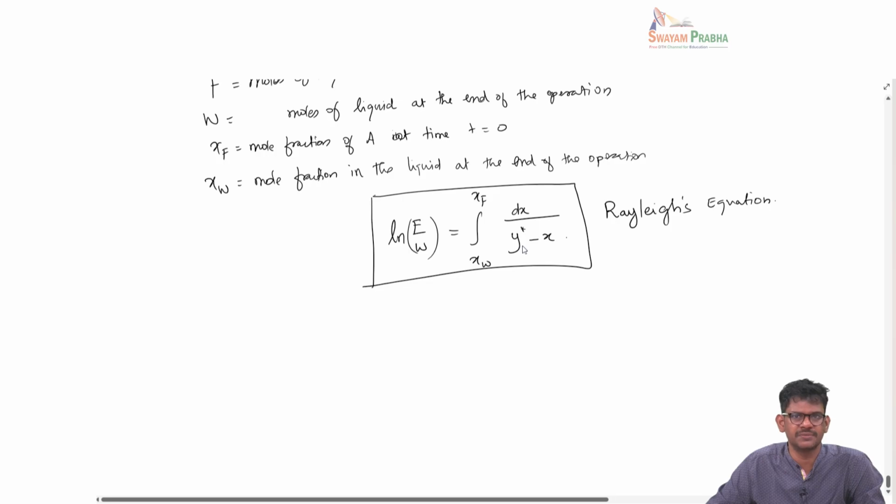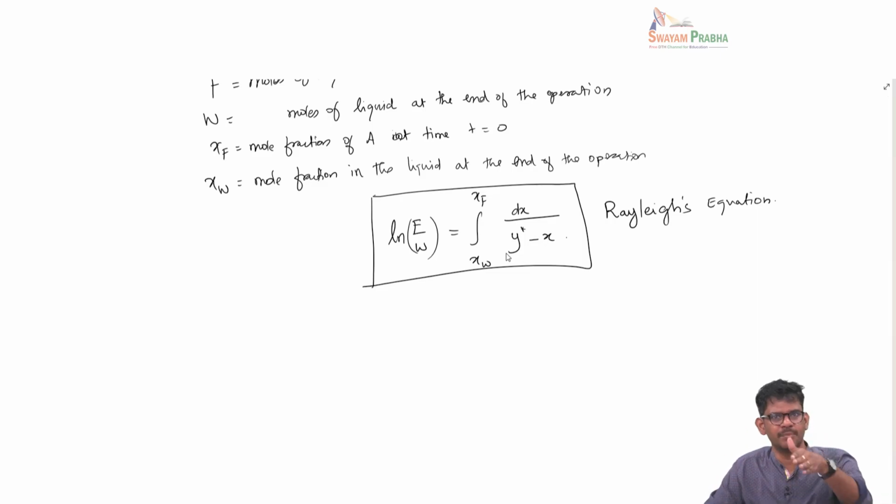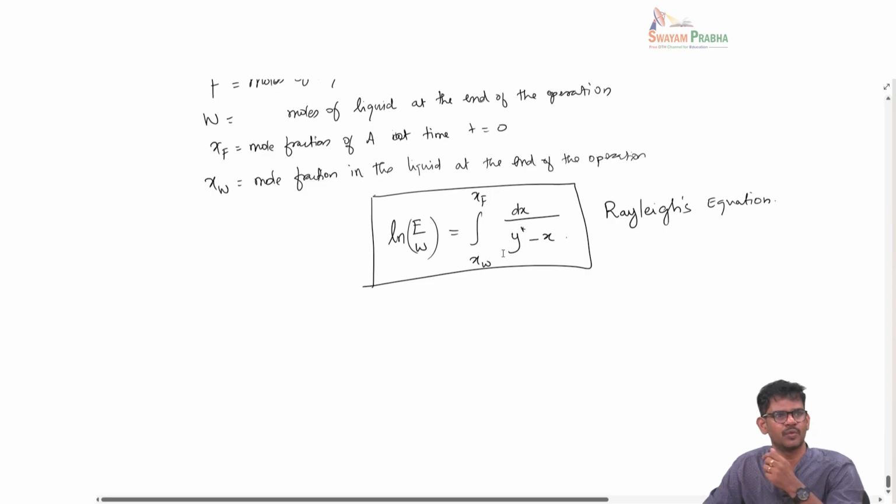Okay, so that's one possibility. Or if you get an analytical expression, that's well and good. Otherwise you can actually do this numerically. Okay, so for each x you find the y star, and then you find y minus x, and then you plot 1 by y minus x, and then integrate over a range of x values. Okay, so that's how you manage these equations.